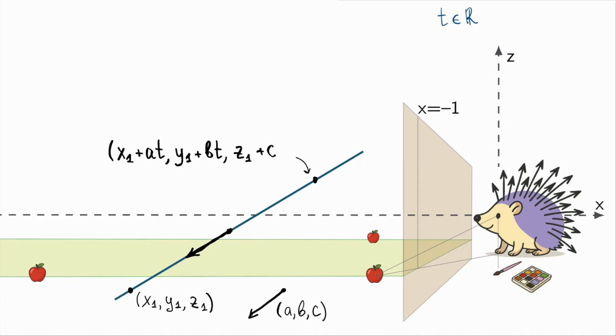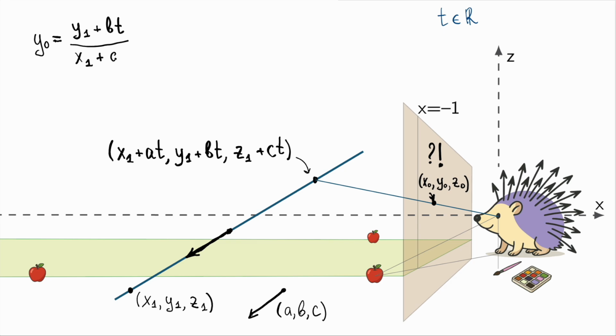And we already know where exactly this point will be on the canvas. So y equals (y1 plus bt) over (x1 plus at) multiplied by x0, and z equals (z1 plus ct) over (x1 plus at) multiplied by x0.